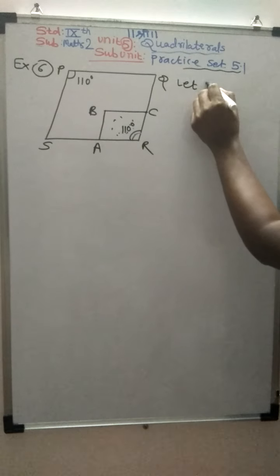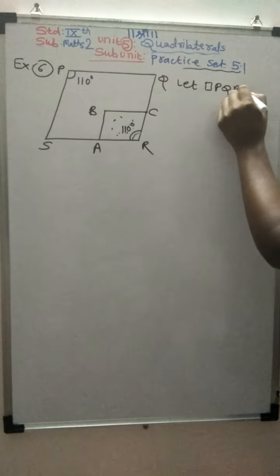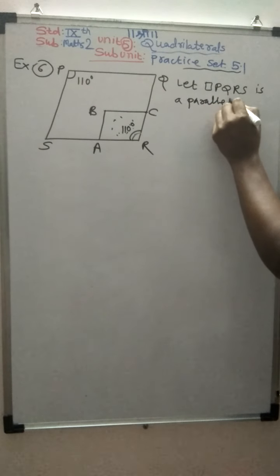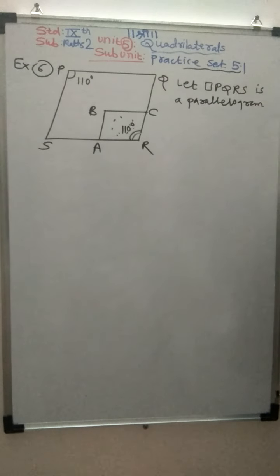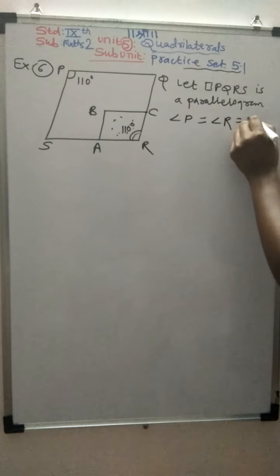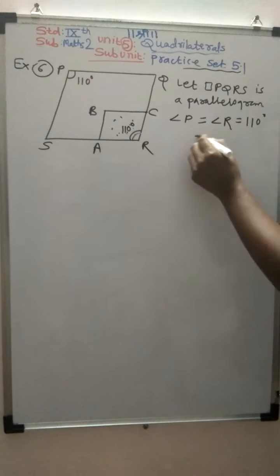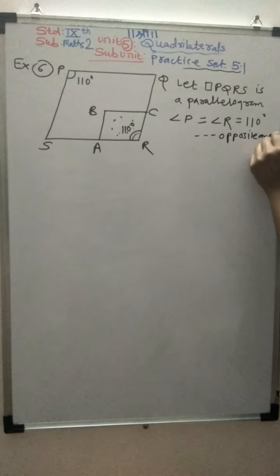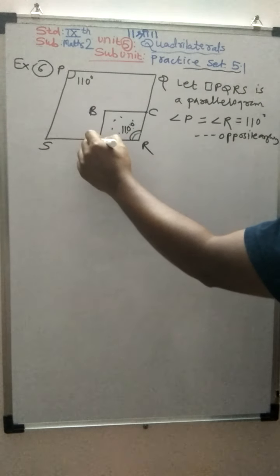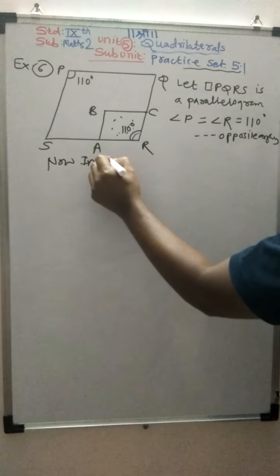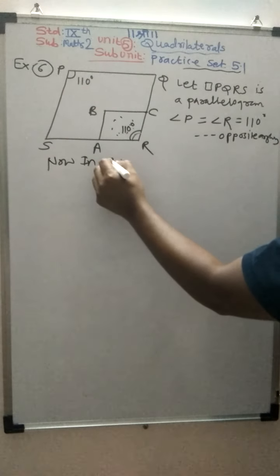Therefore write down, let quadrilateral PQRS be a parallelogram. Therefore angle P means angle R has measure 110 degrees. Write down, these are opposite angles. Now see quadrilateral ABCR, now quadrilateral means parallelogram.